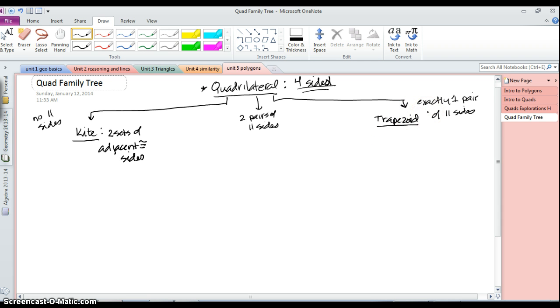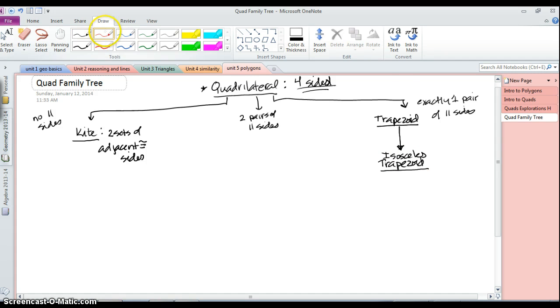Then over here, on exactly one pair of parallel sides, we have the trapezoid. And we already know that the trapezoid is a quad because it's in the family tree, and we know it has exactly one pair of parallel sides. Well, then the trapezoid had a baby, and that child is also a trapezoid, but it's a special trapezoid. It's an isosceles trapezoid. So now we're really getting into what it means to be a part of a family tree.